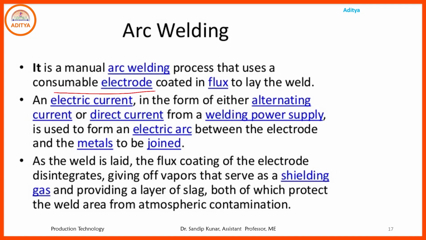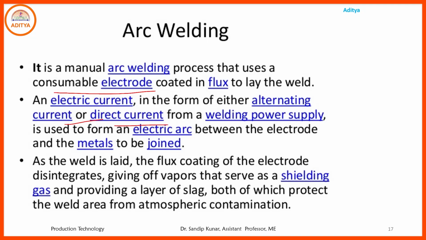Electric current, in the form of alternating current or direct current, is obtained from the welding power supply, and that helps to create the arc between the workpiece and the electrode. It melts the parent metal and also the filler metal, which helps to join both surfaces.